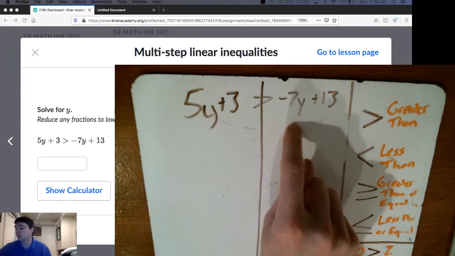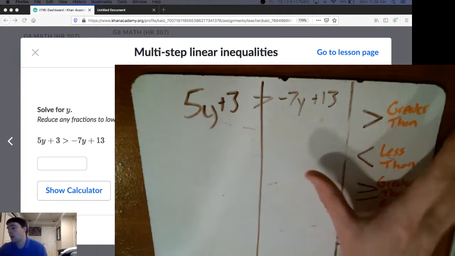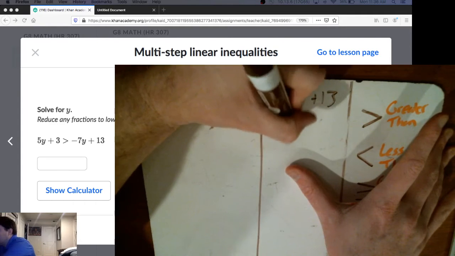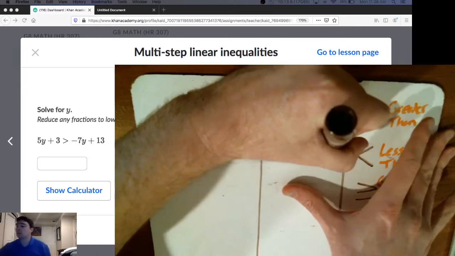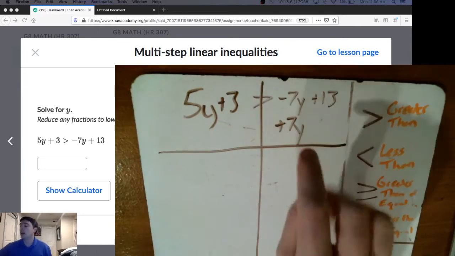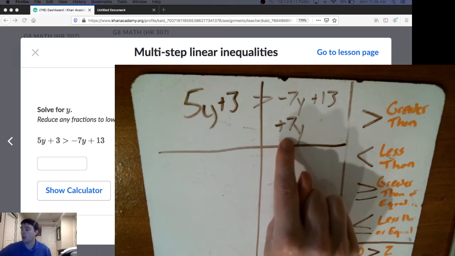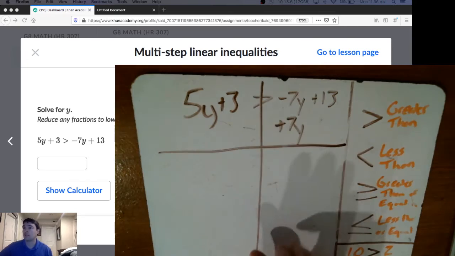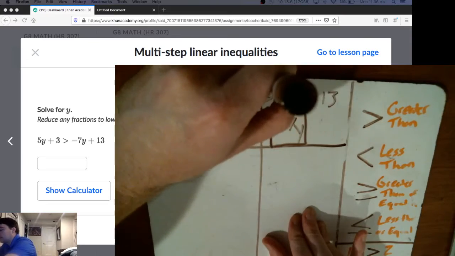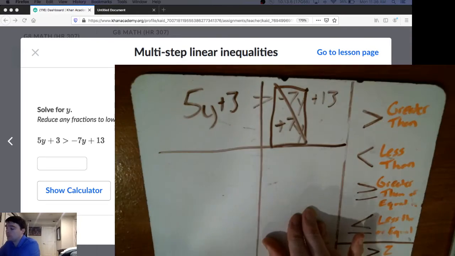Or even easier, I could move the negative 7y by using a positive 7y. So that's the choice I'm going to make. I like positive numbers, so instead of using a negative 5y to move the 5y to the right, I chose to use a positive 7y, which will cancel out the negative 7y and gather all of my y terms to the left side of this inequality.